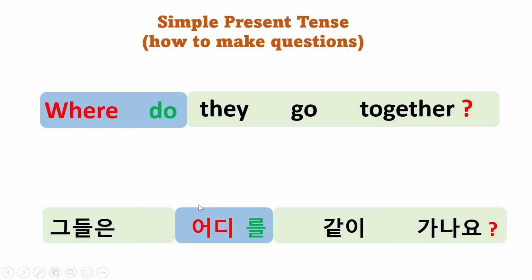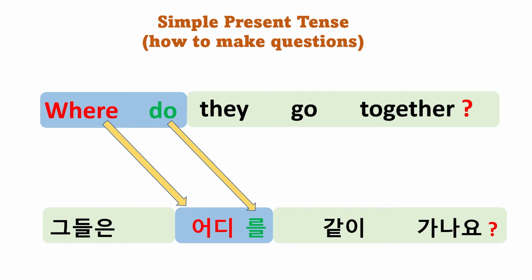So, 어디 is our question word and do, we can say it's somehow the same as 를 as a helping word. So, 어디를 is where do. Therefore, instead of where, we have 어디 and as our helping verb do, we have 를.